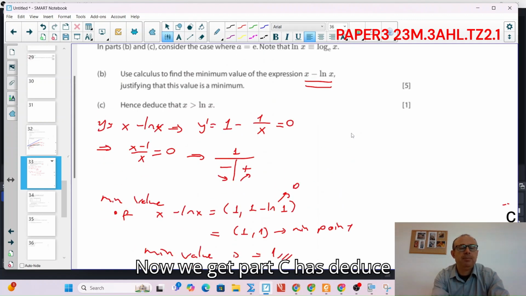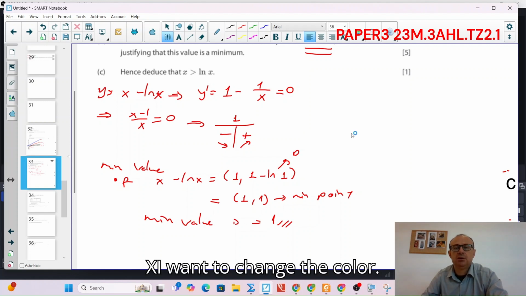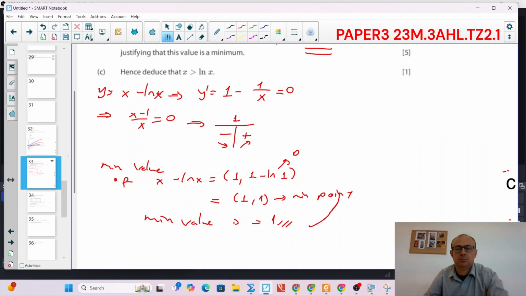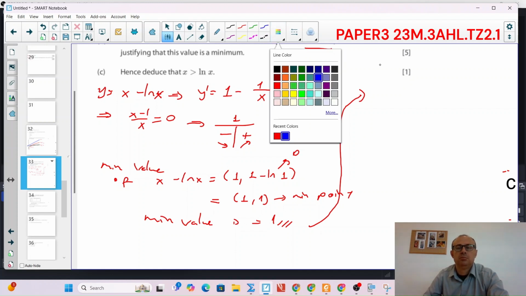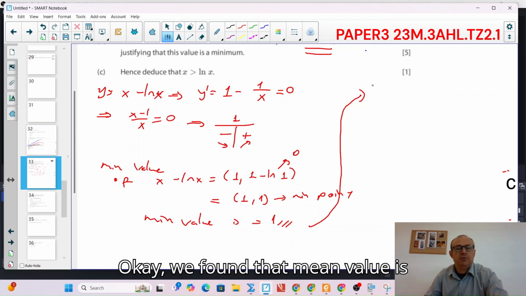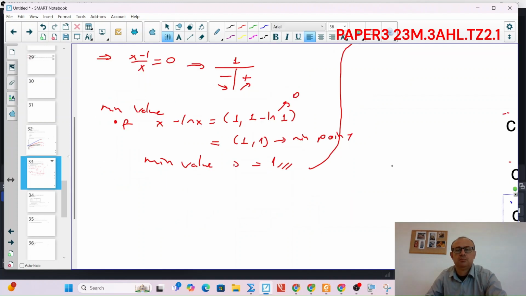Now look at part C. Hence deduce that x is greater than ln x. I want to change the color. Okay, we found that the minimum value is 1. Now we can start.